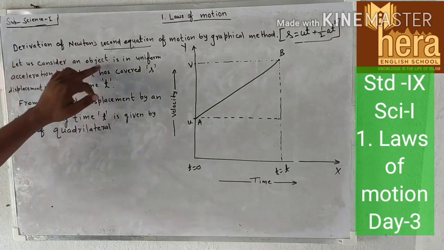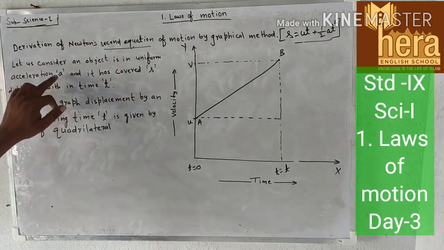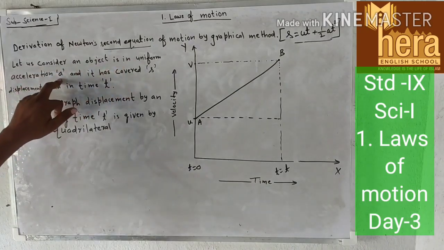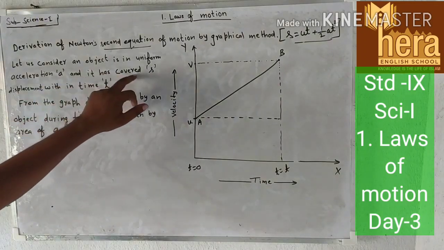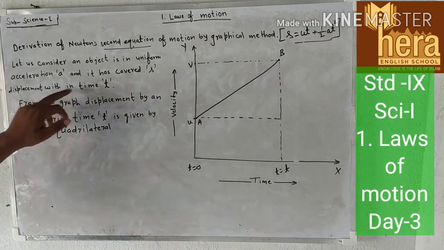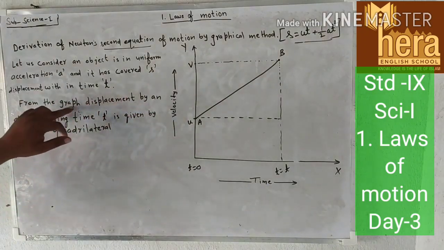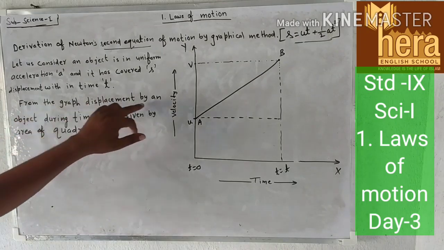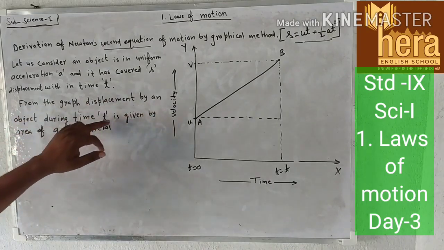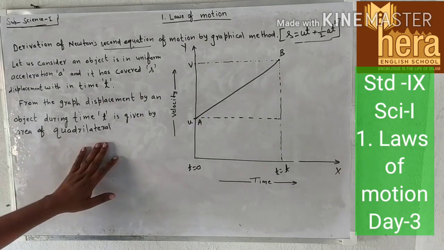Let us consider an object is in uniform acceleration a and it has covered s displacement within time t. From the graph, displacement by an object during time t is given by the area of the quadrilateral.